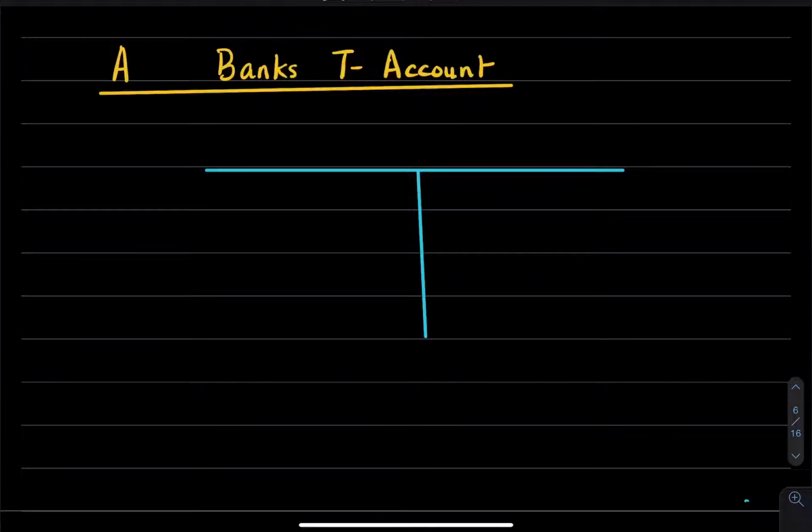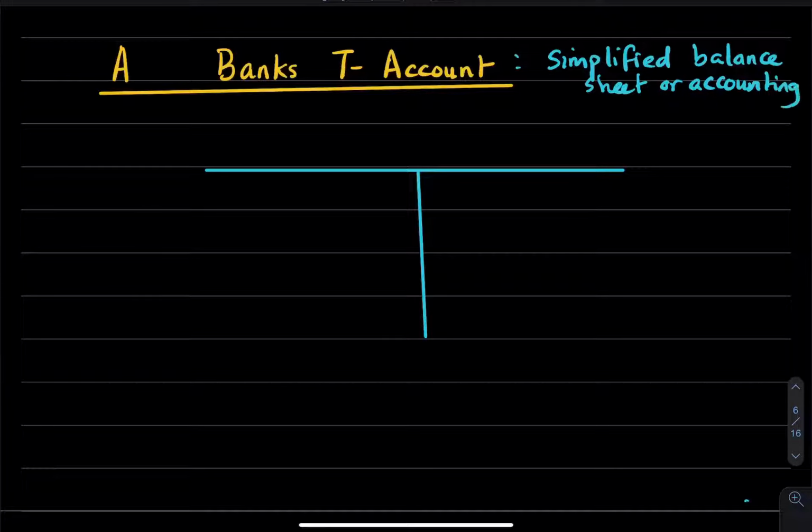Okay. You're going to have in any balance sheet, this is sort of the bank's balance sheet, a very simplified version of that. So, a simplified balance sheet, or accounting statement.